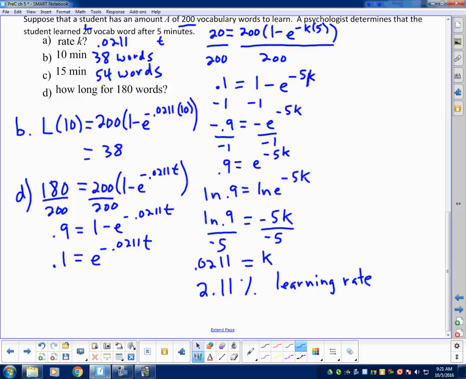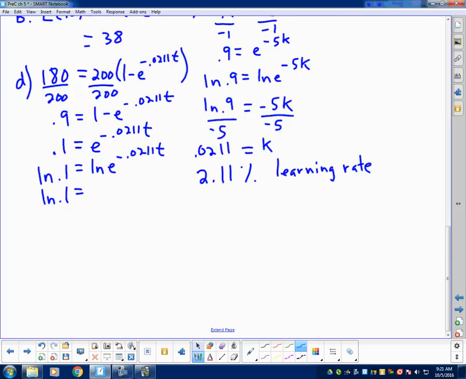And then we take ln of each side. So if I take ln of 0.1 equals ln of e to the negative 0.0211t, I end up with ln of 0.1 equals negative 0.0211t.